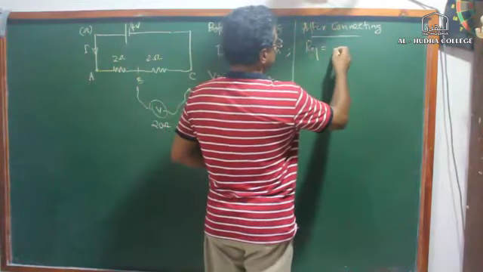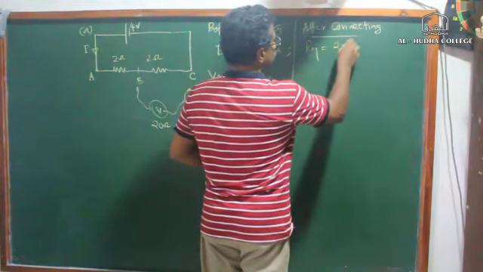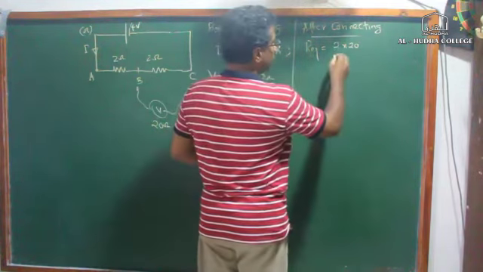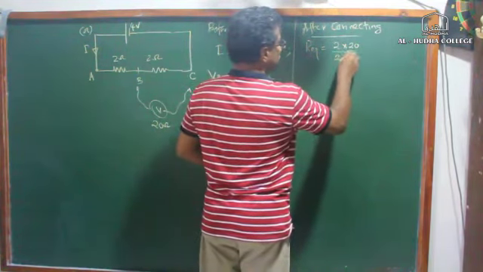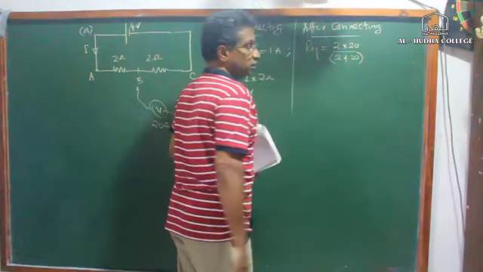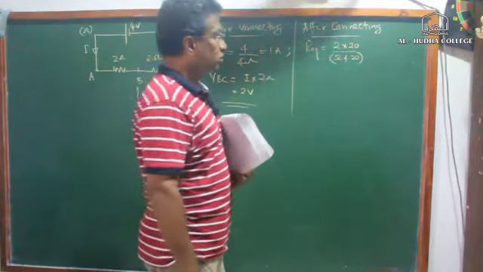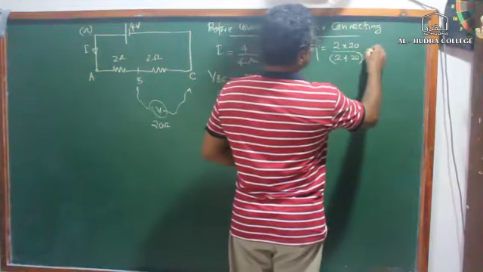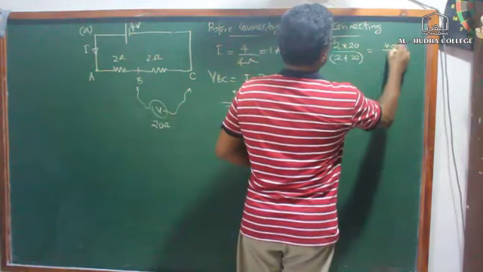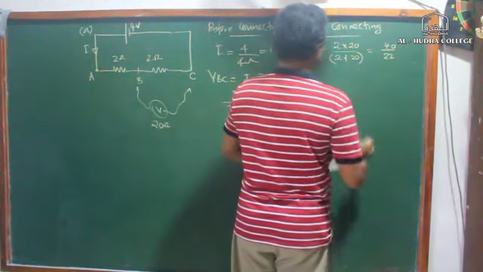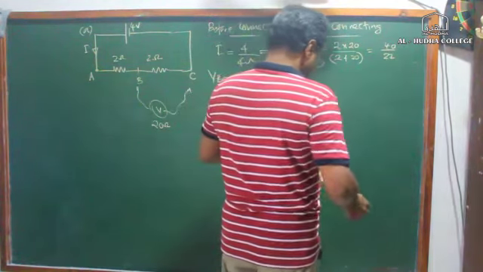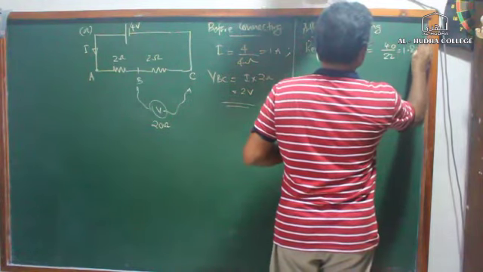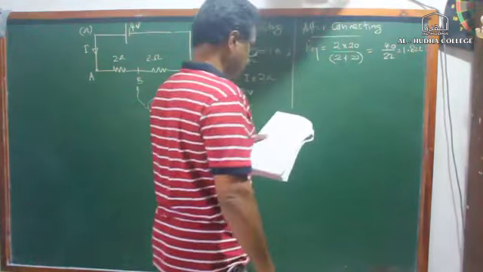Then you have to use 2 into 20 divided by 2 plus 20. This I think you know. So this is 40 divided by 22. So the R equivalent is 1.82 ohm.